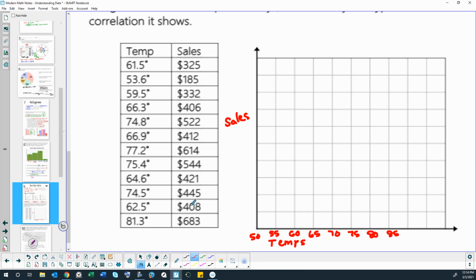Okay, and then for sales, it looks like our lowest sale day is maybe 185, and highest looks like it goes up to 683. So that means we need our sales to range between 185 and 683.